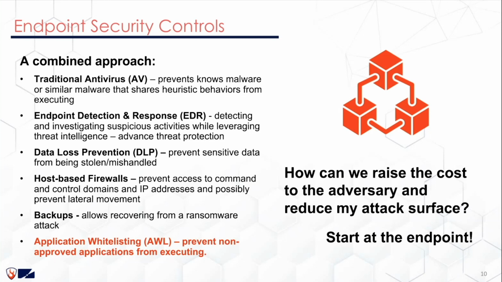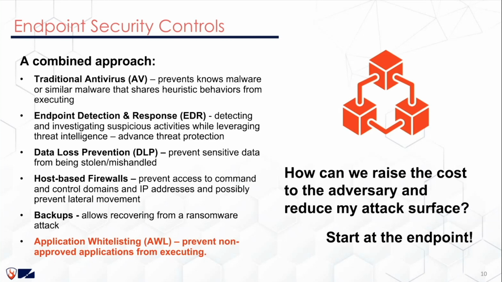The problem here, though, is you would either have to know the command and control domains that the ransomware calls back to, or the IP addresses. But the way it really can help against ransomware is by knocking down the adversary's ability to conduct lateral movement and spread ransomware.